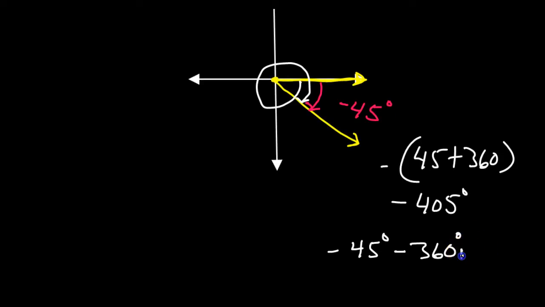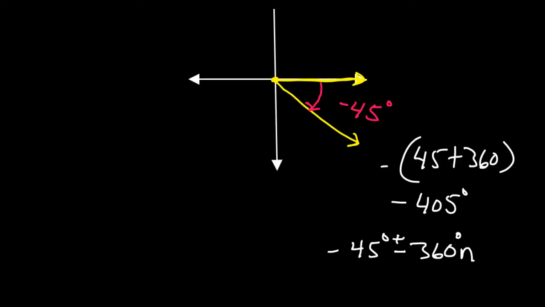I'm going to use a variable of n to represent 1 time, 2 times, 3 times, 4 times. So I could either subtract or add 360. It really doesn't matter. This time I was going negative, so that was like subtracting 360. But I could have done the same thing the other way.